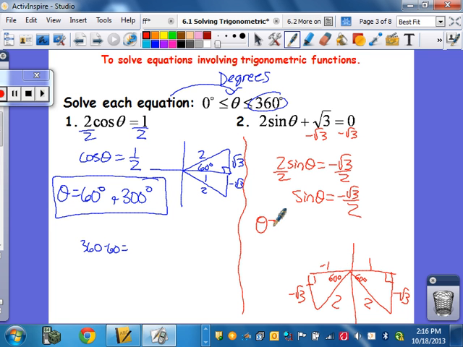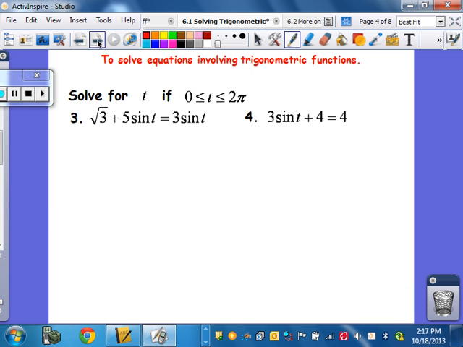So I know that theta is going to be, let's see here, 60 degrees beyond 180 would be 180 plus 60, which is 240. And then I'm 60 degrees short of 360, so 360 minus 60 is 300 degrees would be my angle measurements. Okay? So once again, you get your 2 answers for each time you go around.